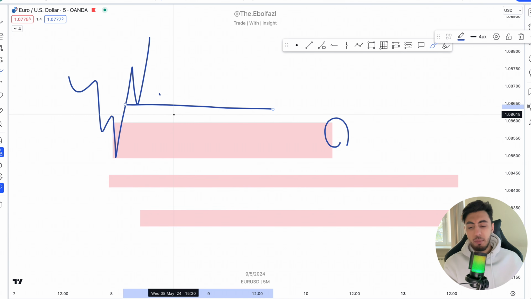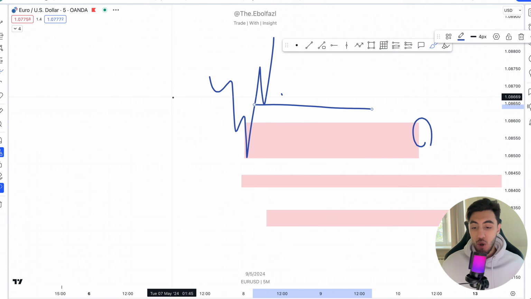I mentioned in the previous videos the internal and external range cycles, and this is going to be exactly the same. The market does not move randomly. We all know this: the market is moving from liquidity to other liquidity. The liquidity's role is like, let's say you are driving a car and the liquidity is the gas inside the car.